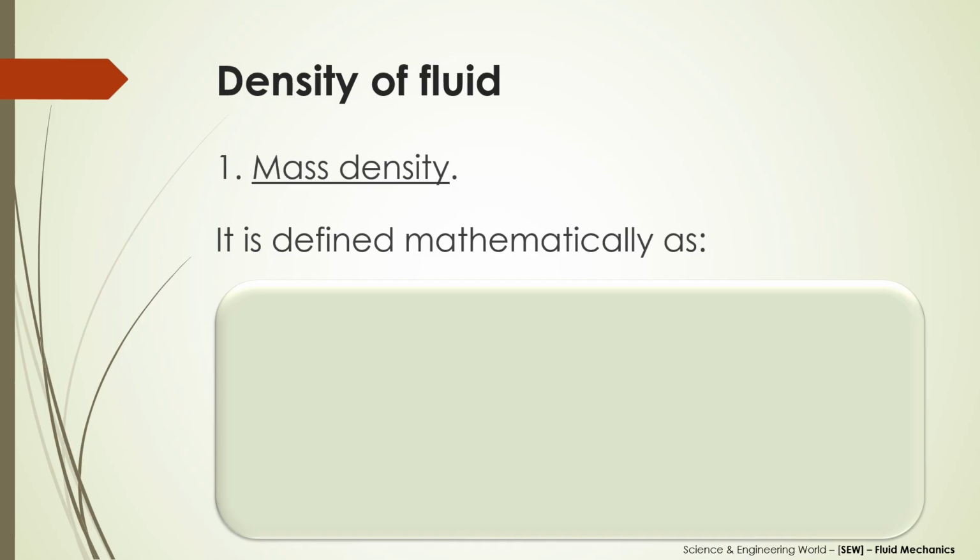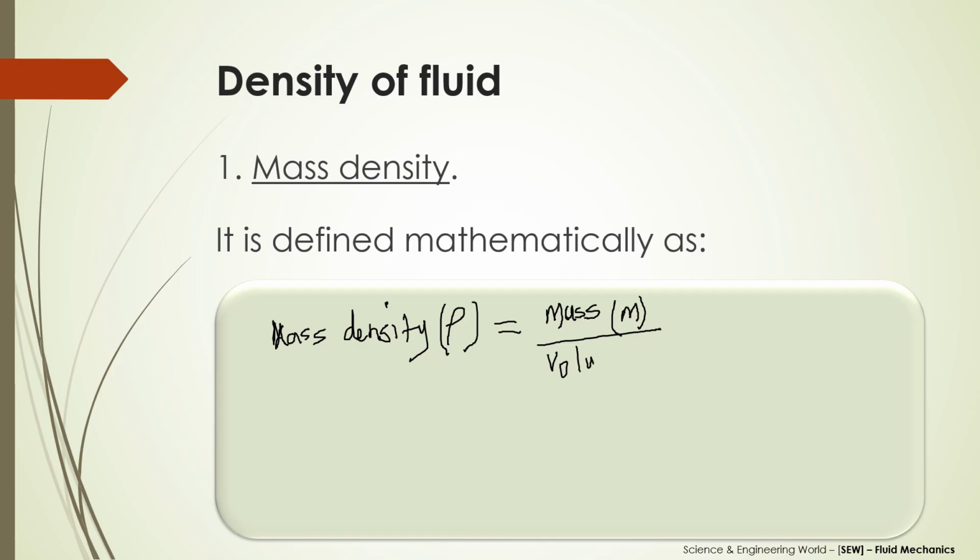Mathematically, we can now define mass density, symbol rho, as equal to the mass of the substance, m, over the volume of the container, with capital V for volume.